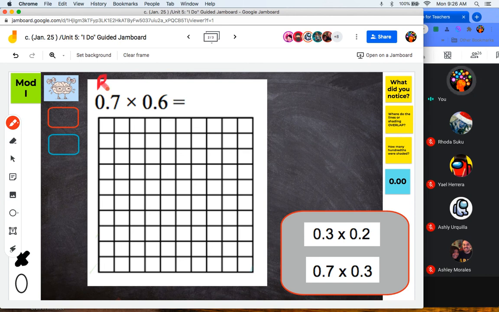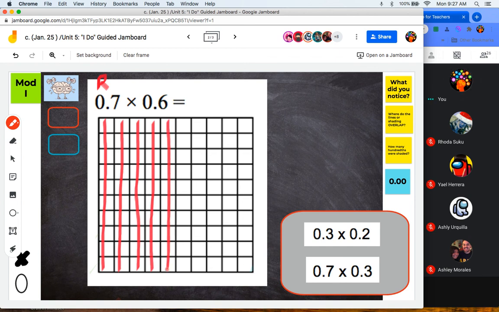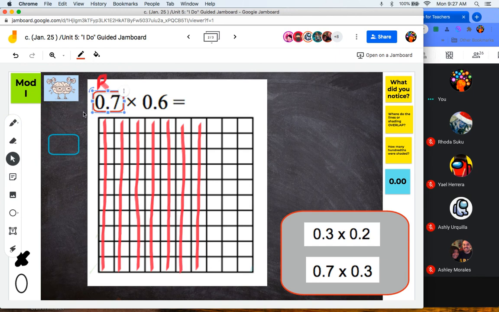I'm going to shade in 1/10, 2/10, 3/10, 4/10, 5/10, 6/10, 7/10. 7/10 is shaded.